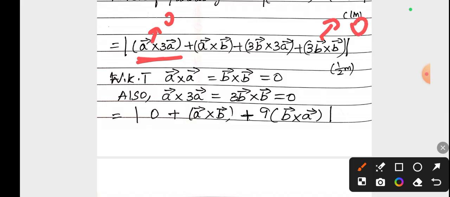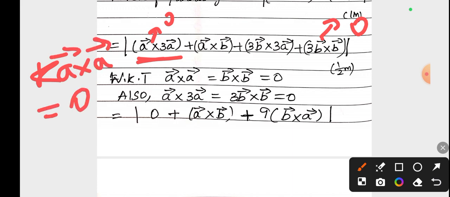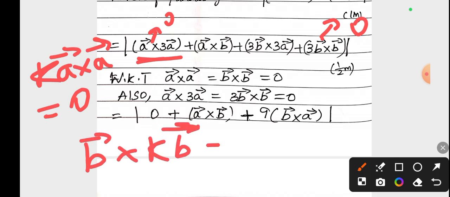So k times a vector cross a vector also becomes 0, or b vector cross k b vector is also 0. k is an arbitrary constant.